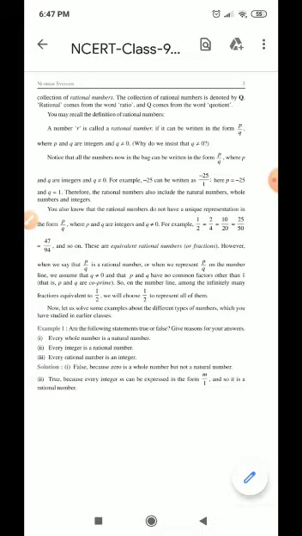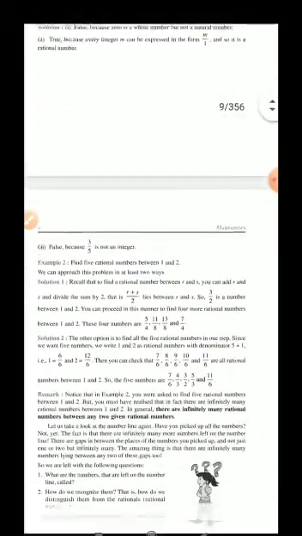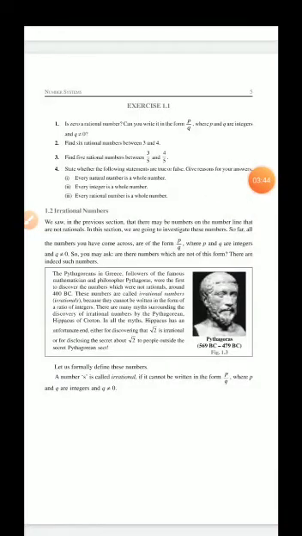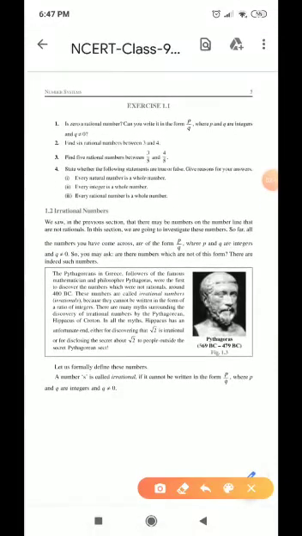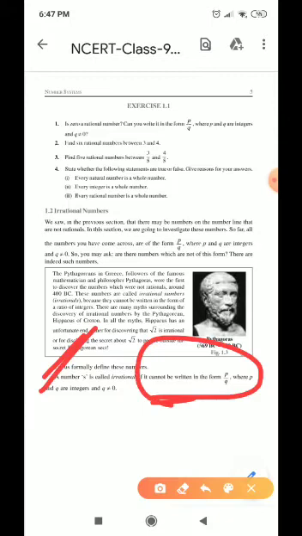But we have irrational numbers also. So, what are irrational numbers? Irrational numbers are the numbers which cannot be written in the form p upon q.